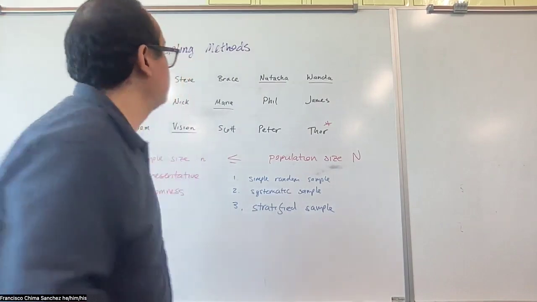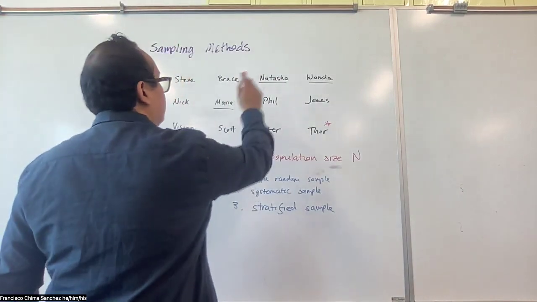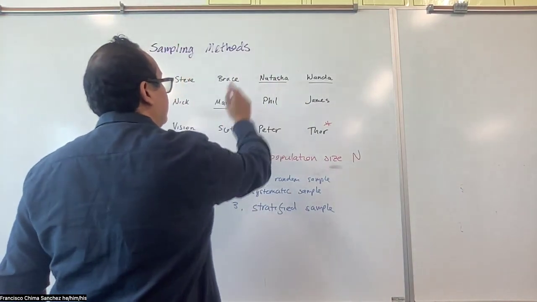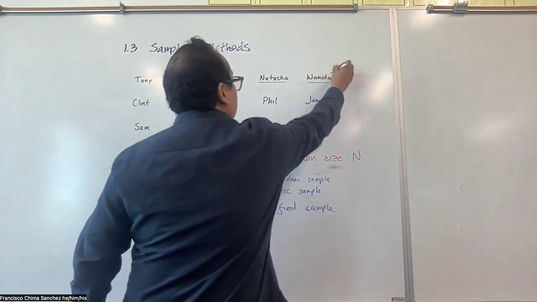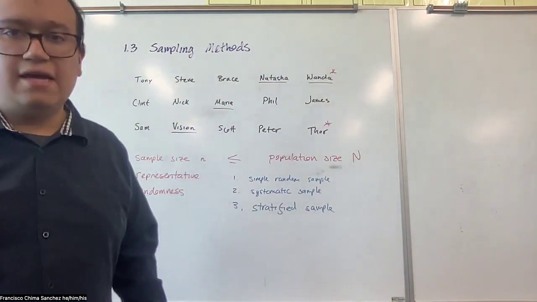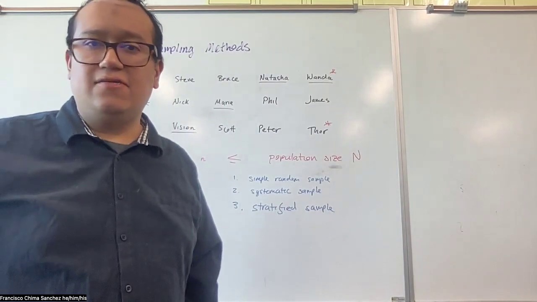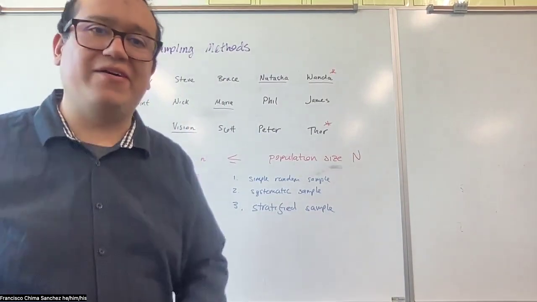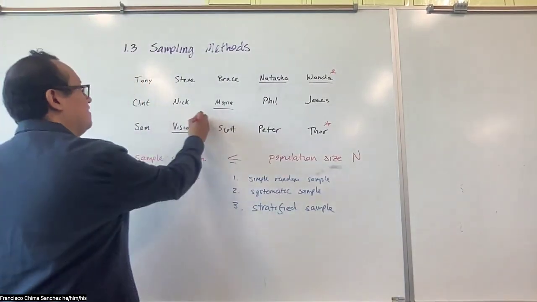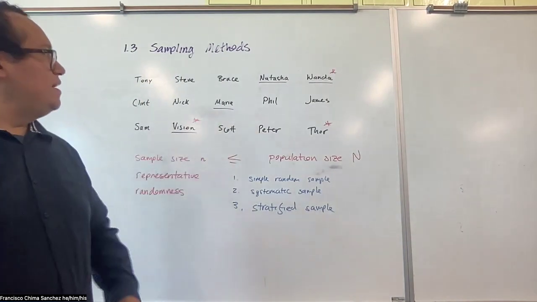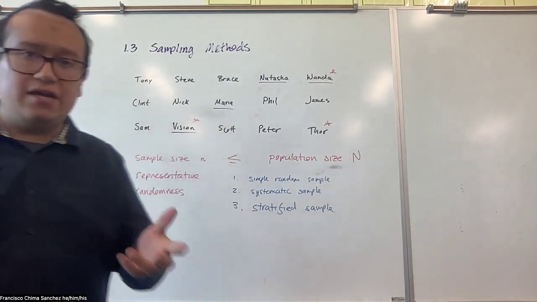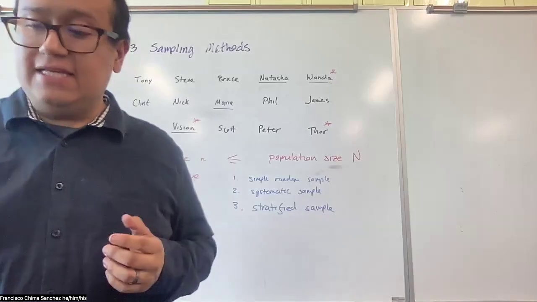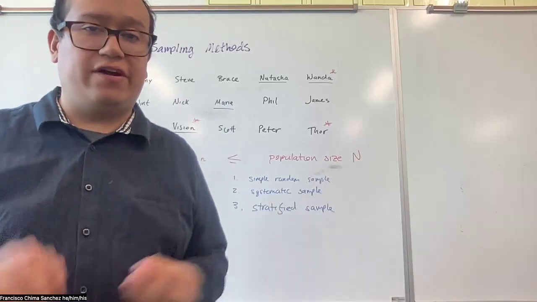From the females 1, 2, 3, 4, 5. Okay. And then, well, there's only one way to pick a non-binary character here, and that's Vision. Okay, great. So we have our 3, one from each category. Again, this is a way for us to control for certain variables.